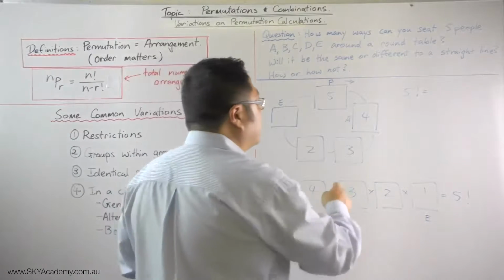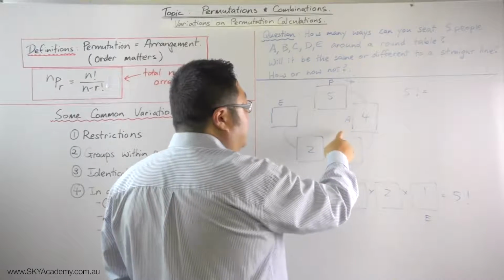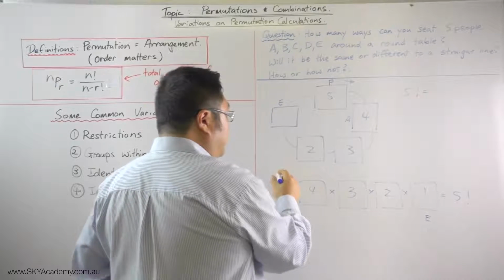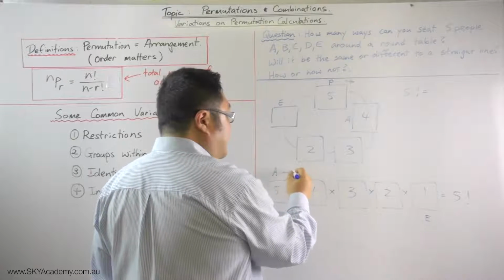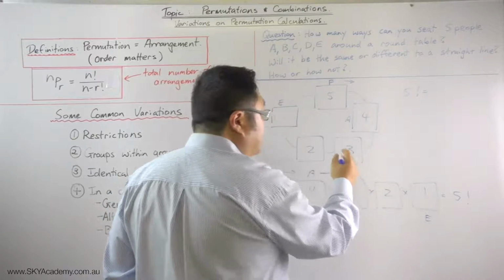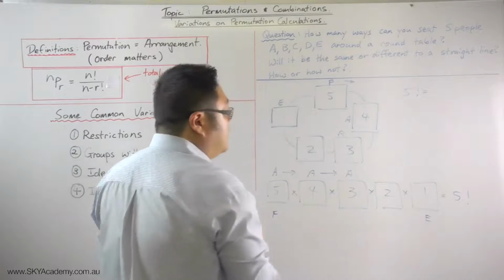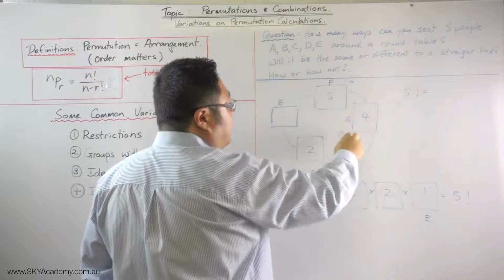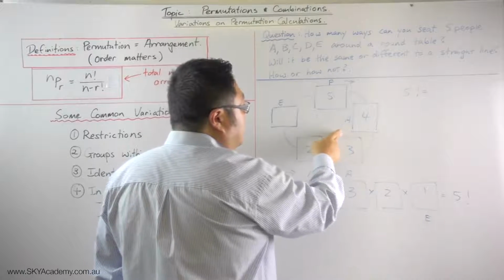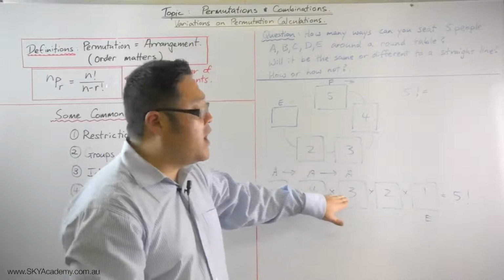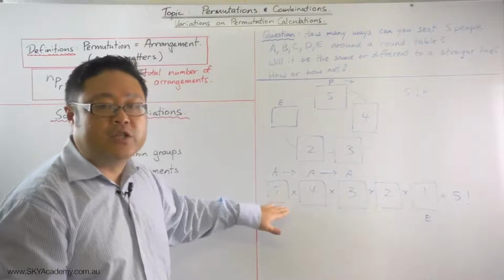And if you were to move that position A from there to there, and then there to there, what you'll realize is that each arrangement in a circle can have 5 different arrangements in a straight line.